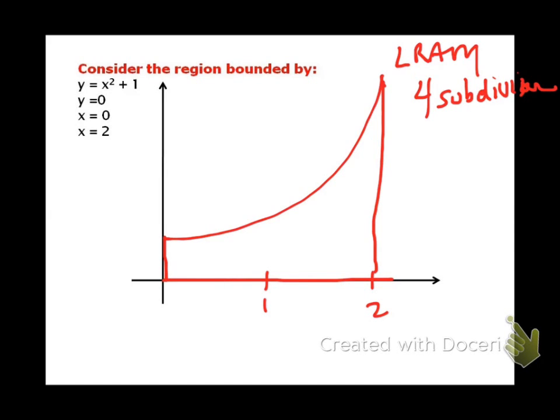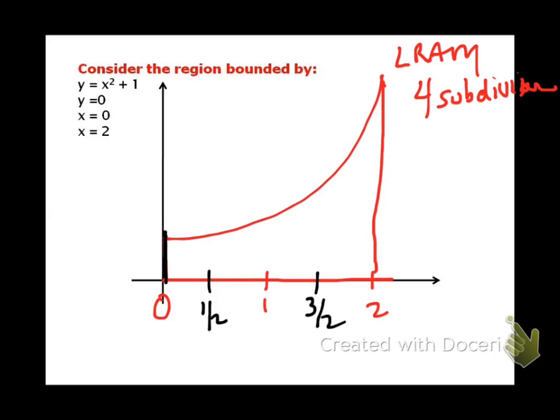So, since I'm going to break 0 to 2 down into 4 subdivisions, the numbers that I'm going to use are intervals of 1/2. 0 to 1/2, 1/2 to 1, 1 to 3/2, and 2. So you can see that if I go ahead and separate this, it'll become 4 subdivisions. I'm going to use the left endpoints on these markers to draw the rectangles.